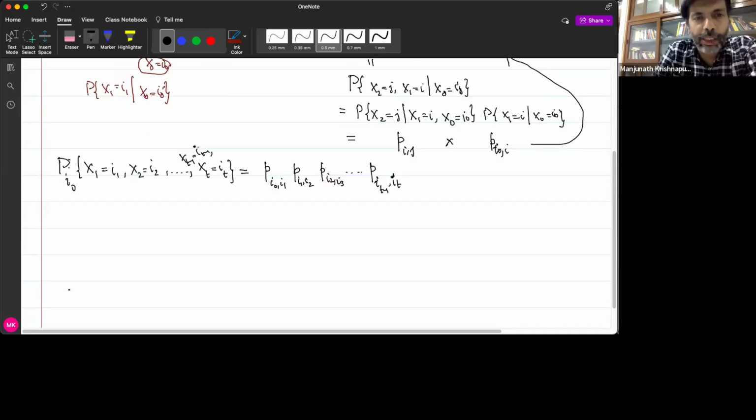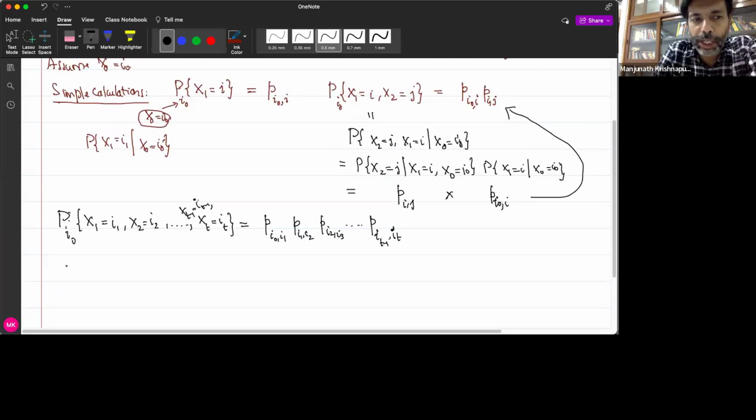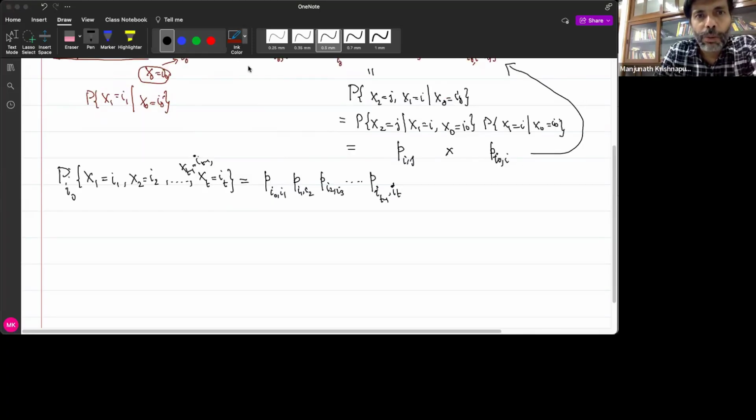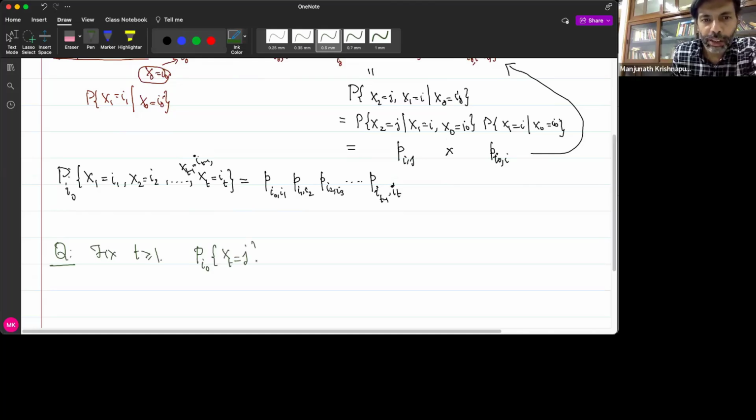But for now, let's ask, suppose I don't care where I am in intermediate steps. So the question is, what is the probability? Fix some t greater than or equal to 1. What is the probability that starting from I0, at time t I am at some state j?